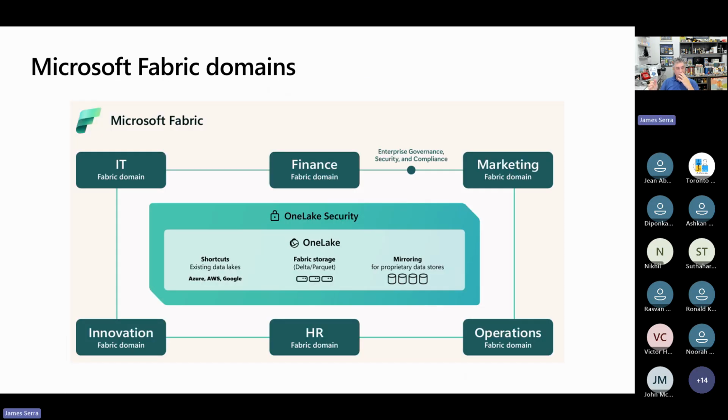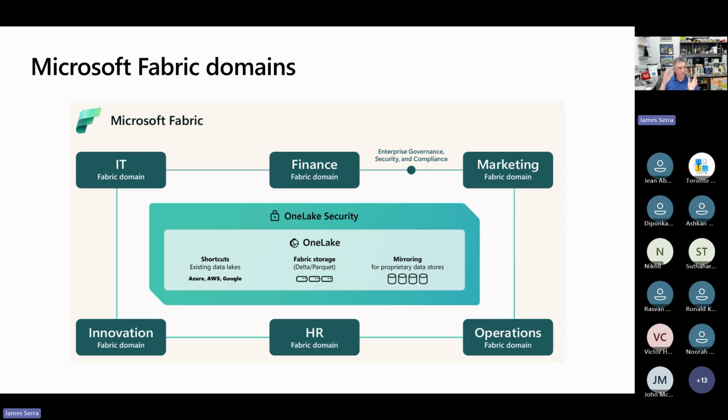Microsoft Fabric does have the support of domains, so I can go in there and create workspaces and then create a domain that allows you to put those workspaces in it. So I could have, say, an HR domain, and that HR domain has a bunch of workspaces.